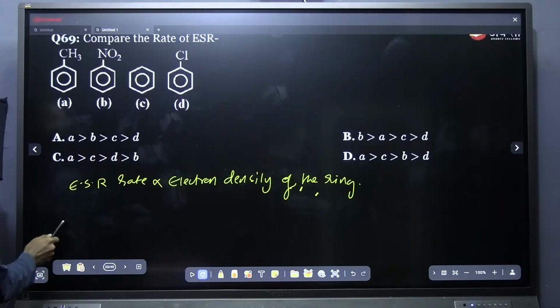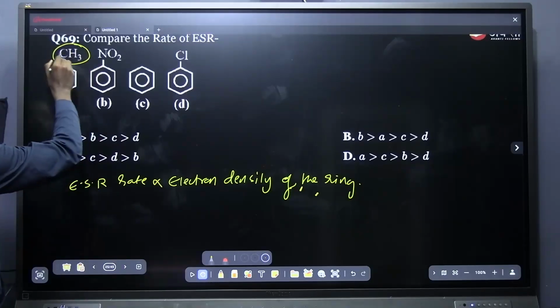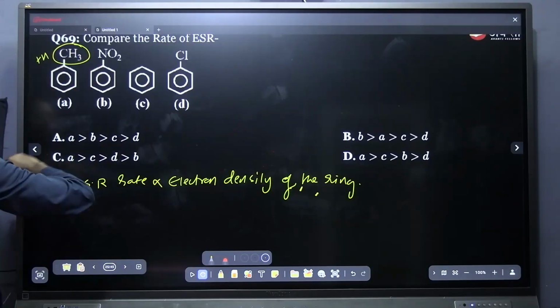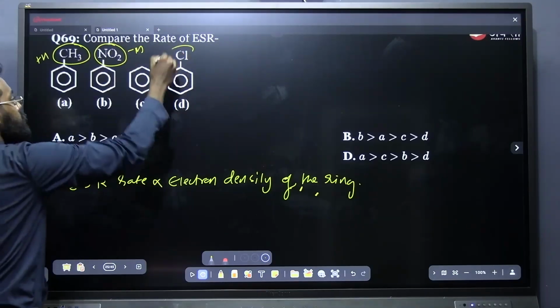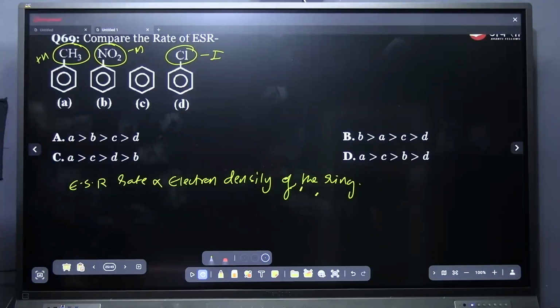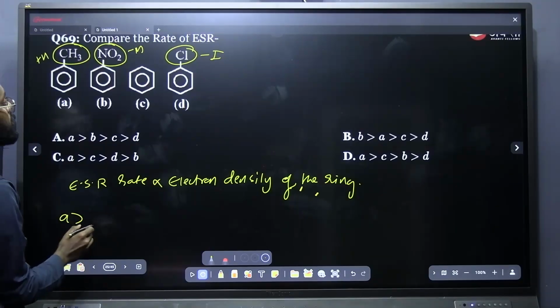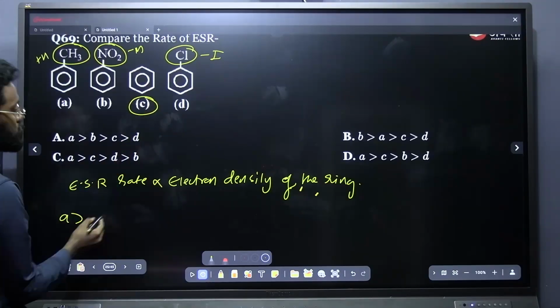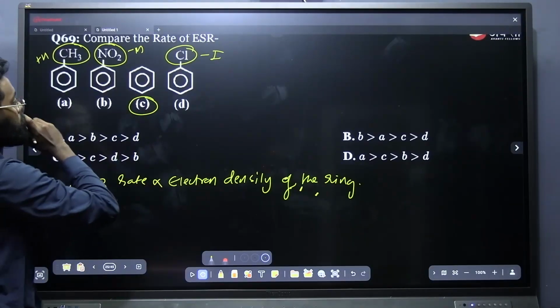So what is the order? Which is having the highest electron density? Among these, which is having the highest electron density? CH3 is a plus H group, and here NO2 is minus M, least electron density. Then Cl is having minus I. So among these, the highest is the plus H group, that is A. Then comes C, because C doesn't have any group.